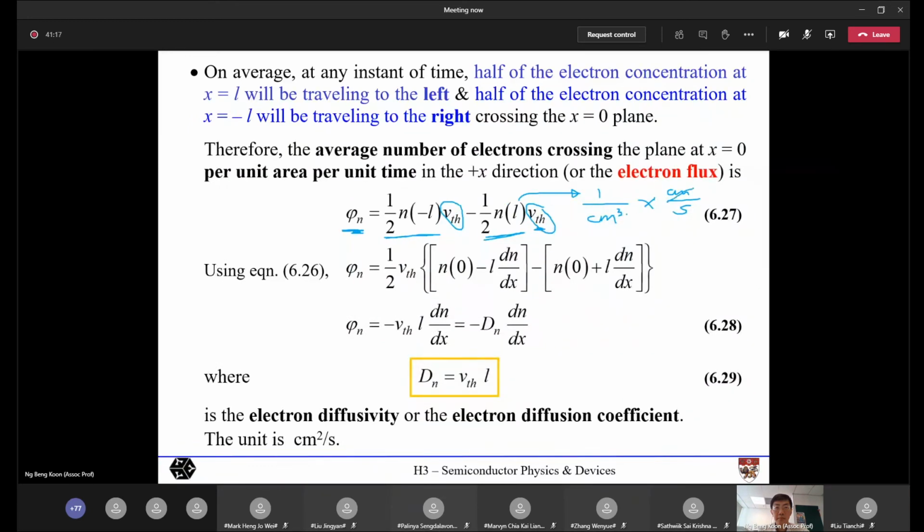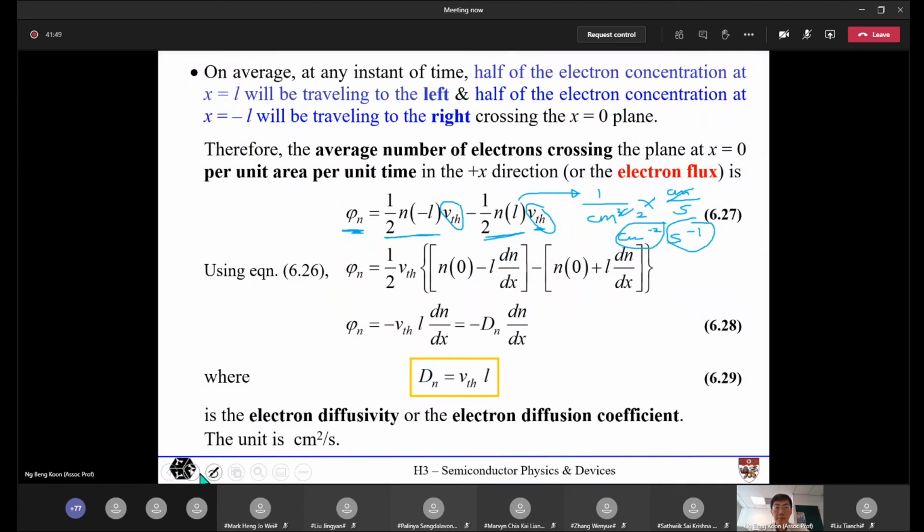If these cancel out, you're left with the resulting unit of per centimeter square per second. So that gives you the number of electrons flowing per unit area per unit time. We multiply the concentration with the velocity, and you get essentially the electron flux.